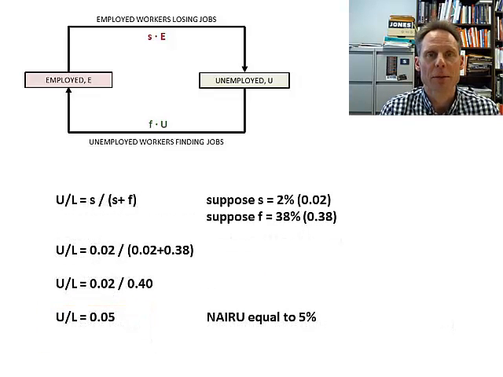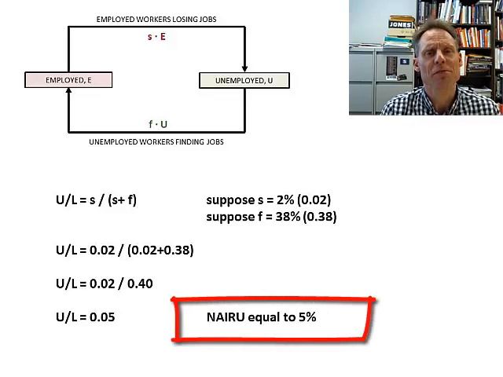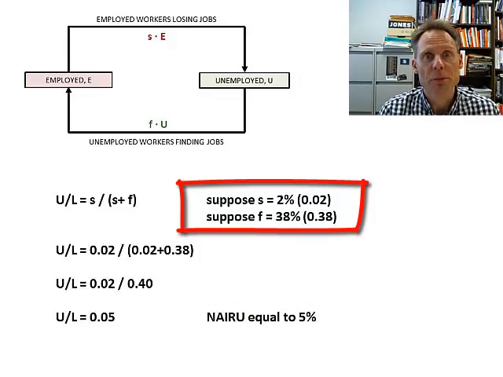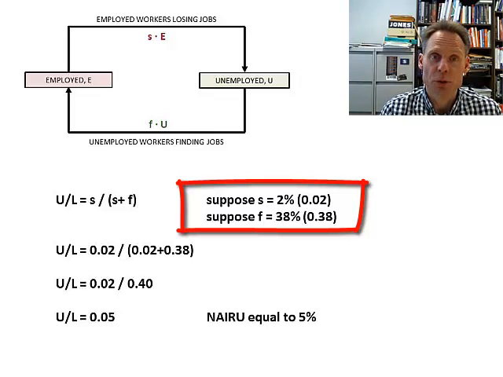Let's do a numerical example. In reality, economists have determined that the NAIRU, the natural rate of unemployment, is about 5%. This will be consistent with a job separation rate of about 2%. That is, 2 out of 100 people who are currently employed will lose their job every month. It's also consistent with a job finding rate of 38%.